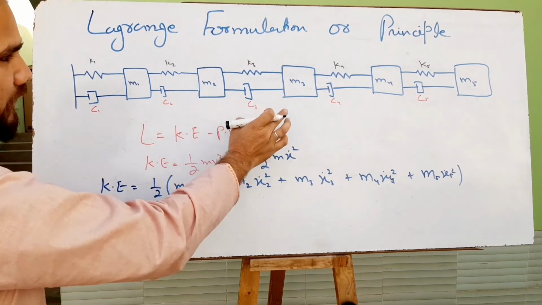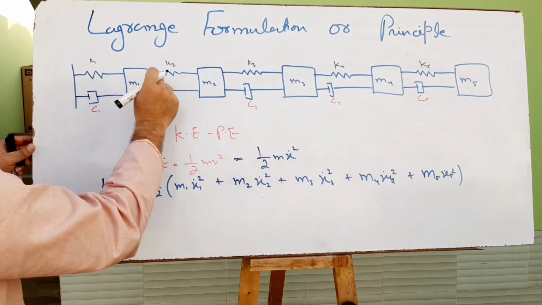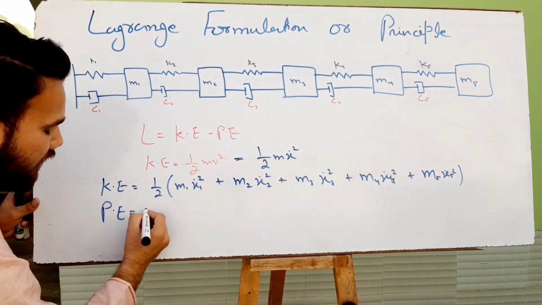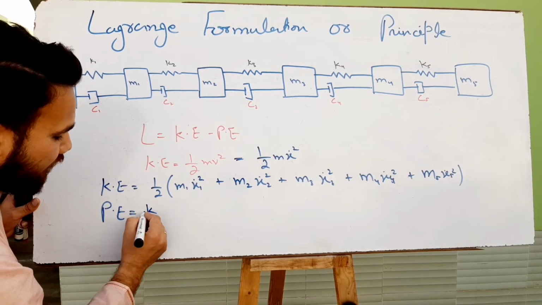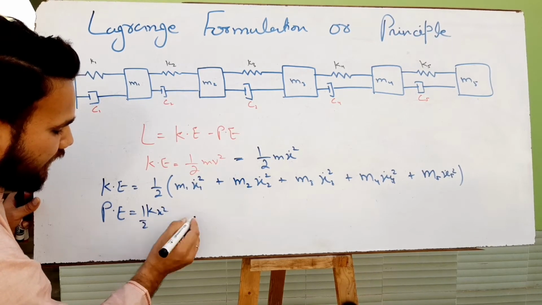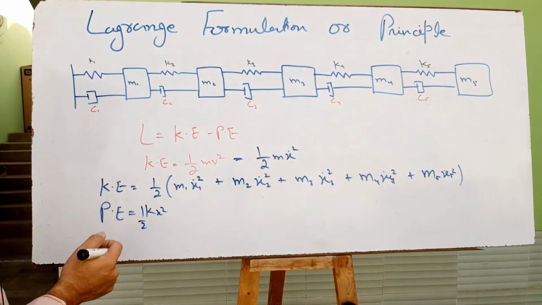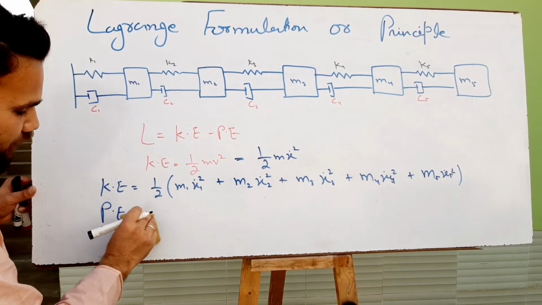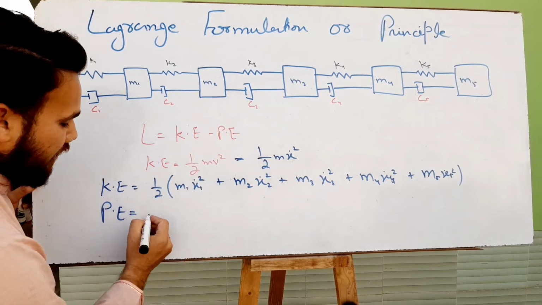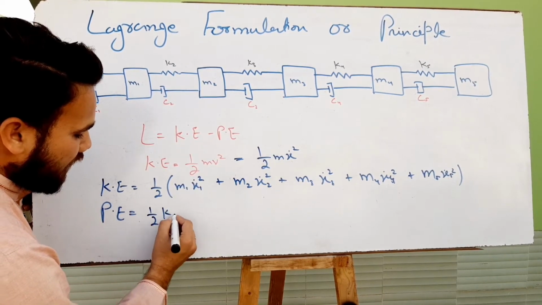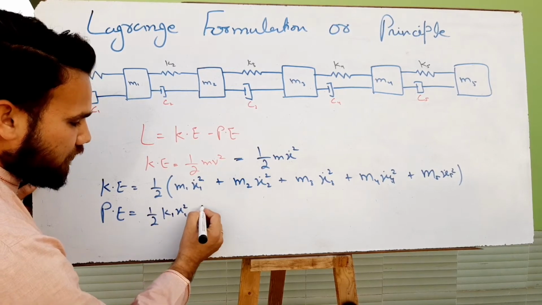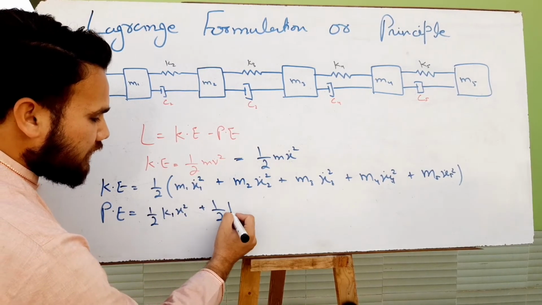In this case, the potential energy is basically the spring force, and by Hooke's law we know that it is half k x squared. This is the spring force by Hooke's law. So we can write this spring energy for this model as half k1 x1 squared plus half k2.